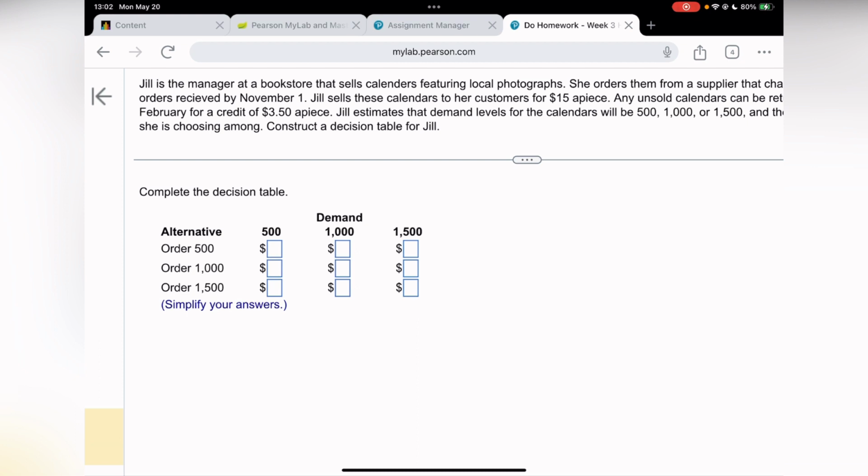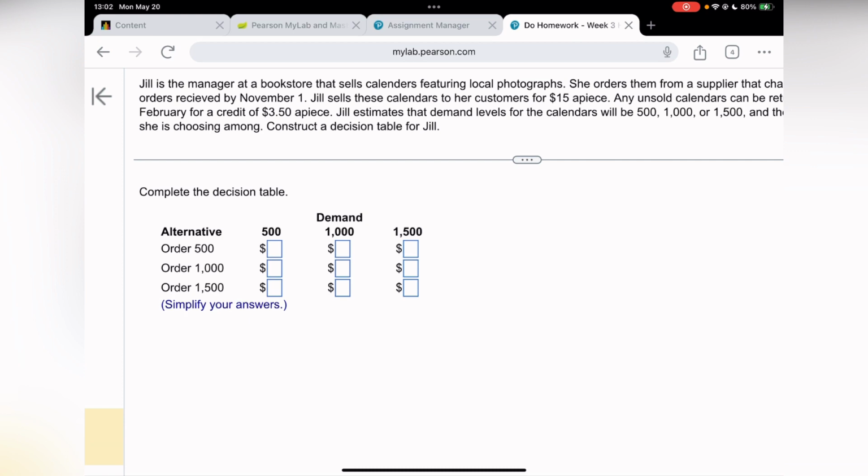First thing we need to know is the revenue for each demand, for demand 500, 1,000 and 1,500, with supplies of 500, 1,000 and 1,500 calendars.